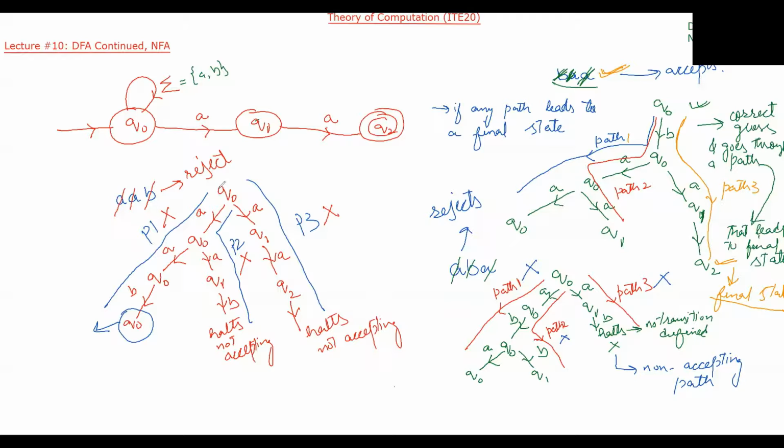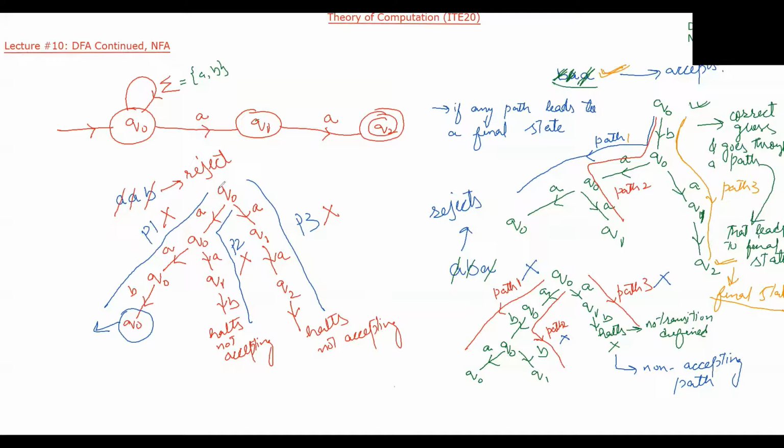Okay, fine. So our non-deterministic automata at every point makes a guess if there are multiple choices possible, and if it has to make a guess through which path it should go, it will always choose that path that will lead to a final state. So this is how our non-determinism works.